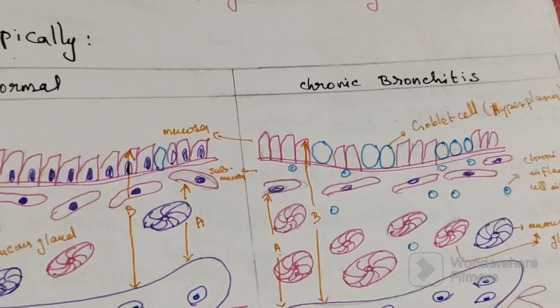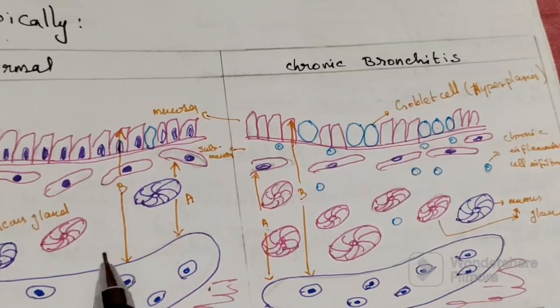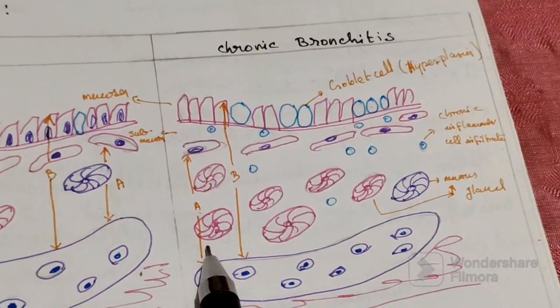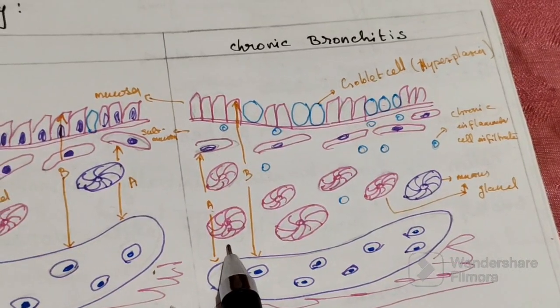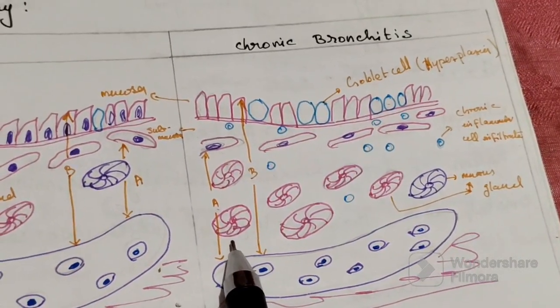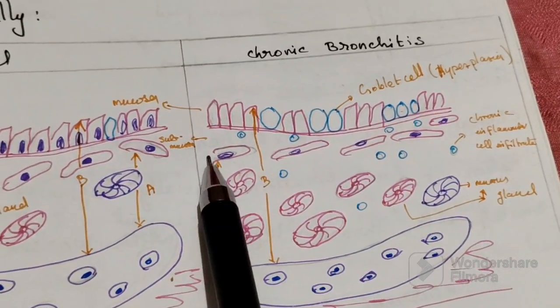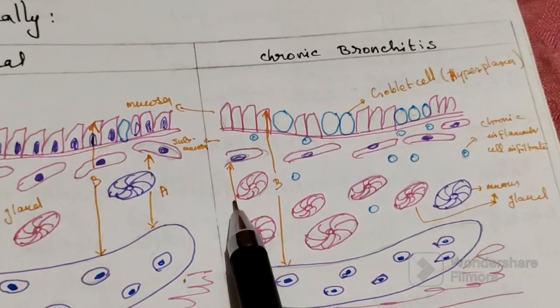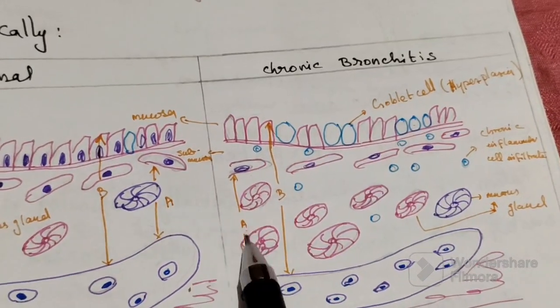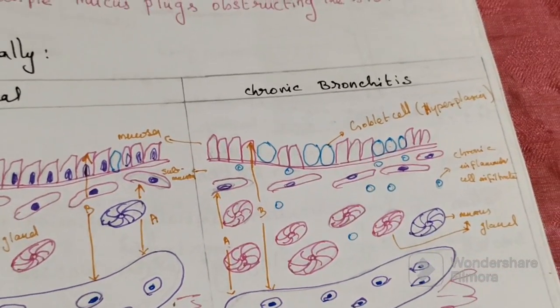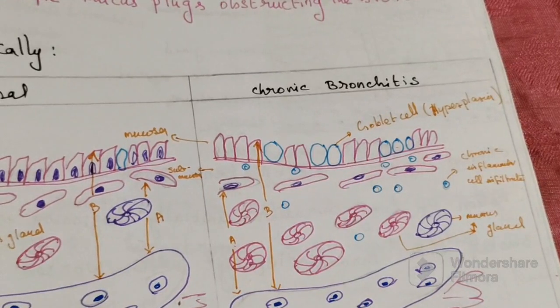In chronic bronchitis, the total thickness is the same, but the thickness of the portion having glands is increased.